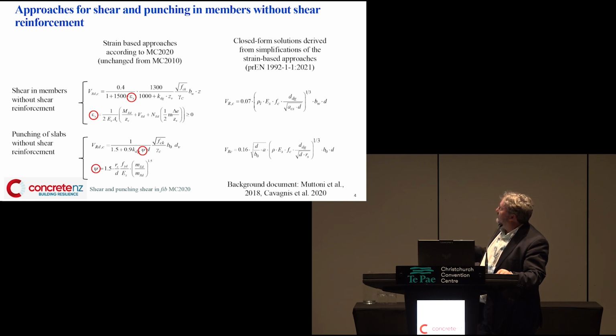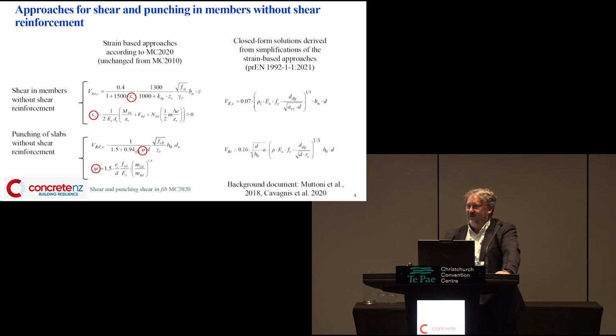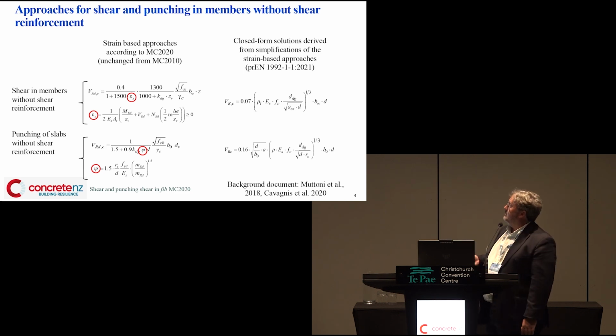This is an aggregate size effect, it's a square root, so the equation actually isn't anything like the old equation. It's a curve fit to the strain-based equations that assume that the steels are yielded. Right? So it's a simplification, but it's consistent with the theory. All right? And that's okay, and the details are given on that.